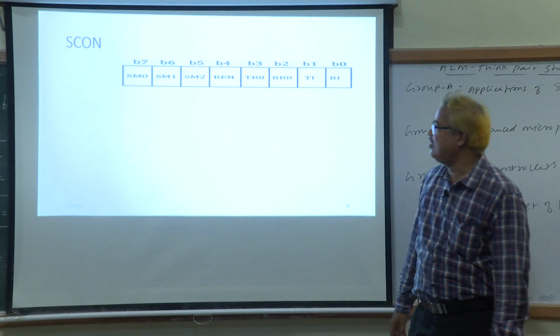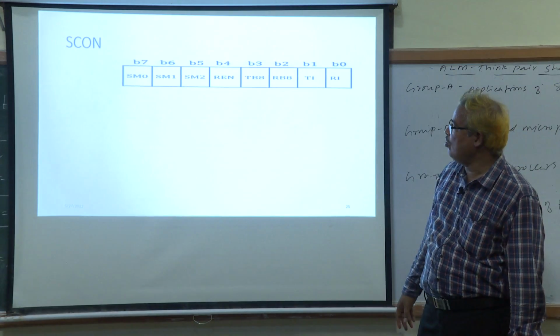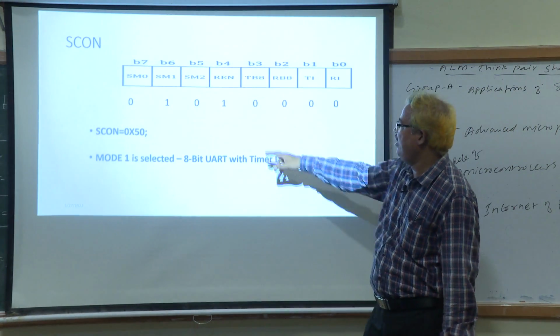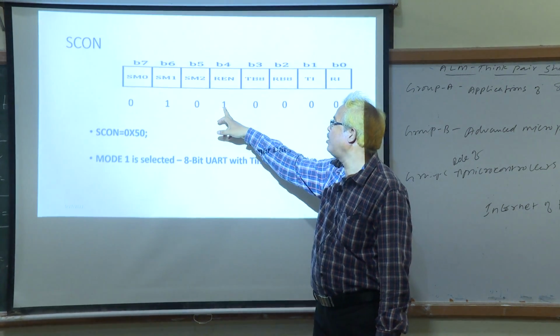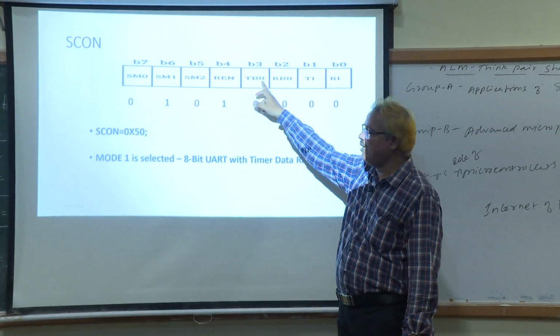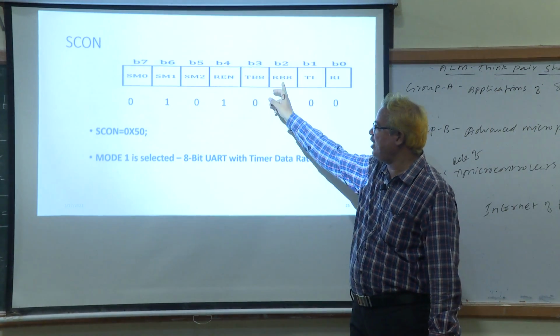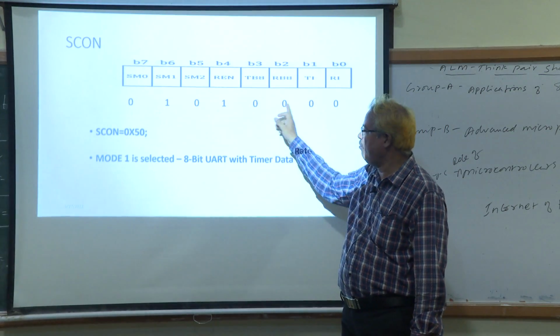Now the SCON serial control register. This is the serial control register. This is mode selection, and here is receive enable, which is set if this bit is 1. These are the ninth bit. If we select 8 bits or 9 bits, and 9 bits are selected, that will be mode 2, then this bit will be 1.